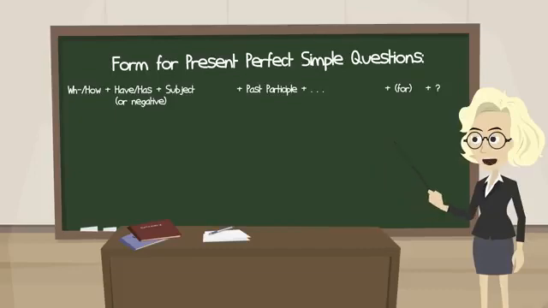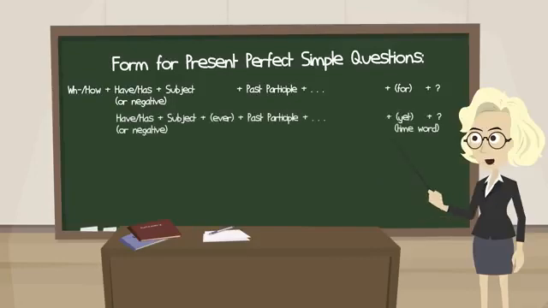Now the for is optional. For yes/no questions, the form is have, has or their negative form plus the subject plus ever, which is optional, plus the past participle plus whatever you want to say plus yet or a time word.